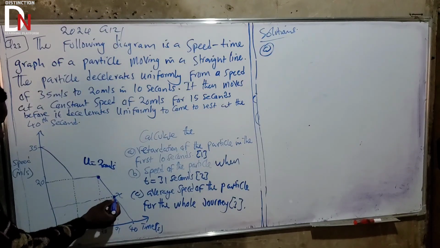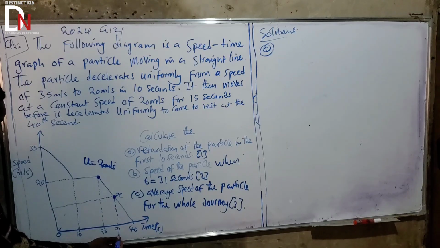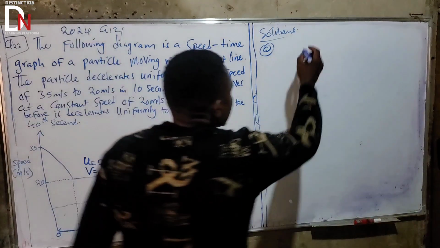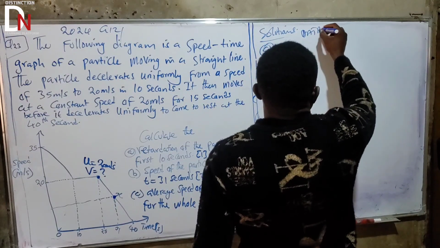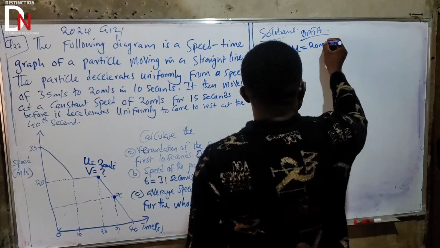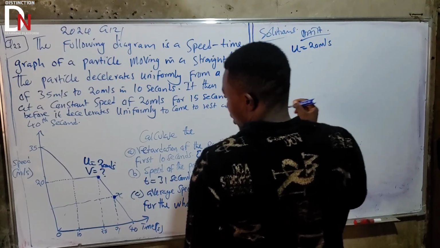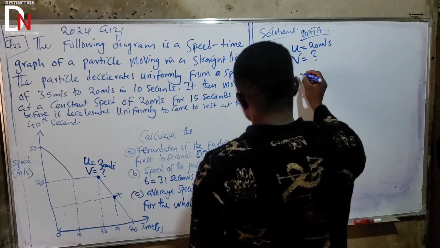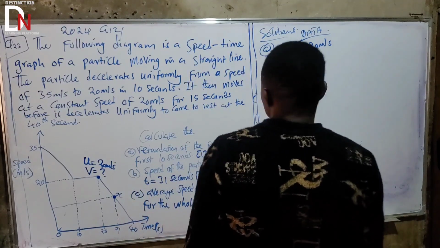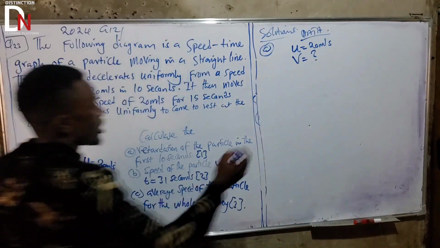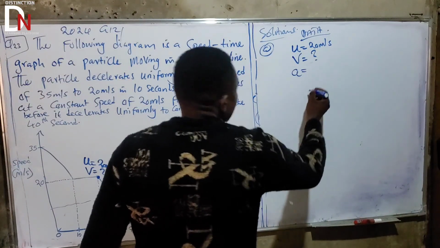And the final at X, where t was 31 seconds, I don't know, so I can put a question mark. I'm collecting data now. My initial is 20 meters per second. My final, I don't know. What about the acceleration when it was decelerating here, which is the negative acceleration that was found?